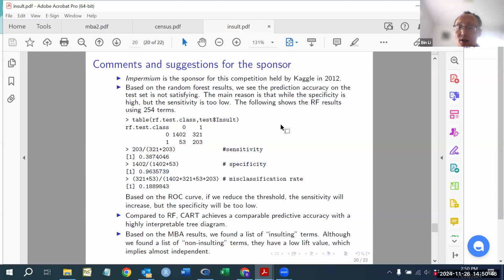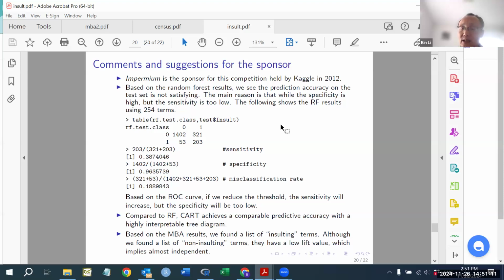Okay, so what does that mean? So that means here in this study, for those insulting comments, we missed lots of insulting comments, and we predicted those insulting comments as neutral comments.